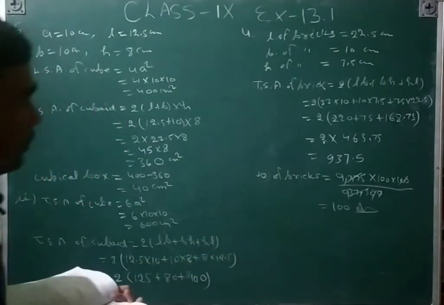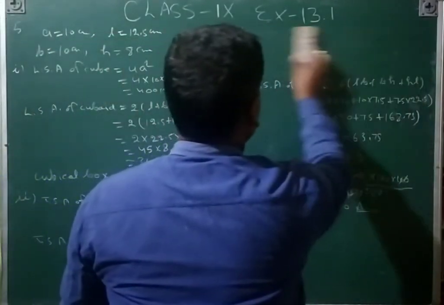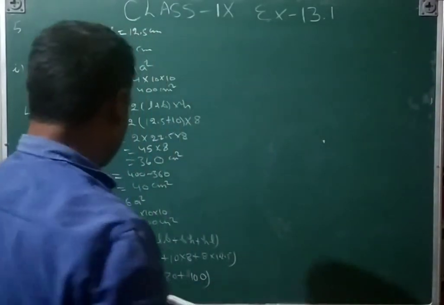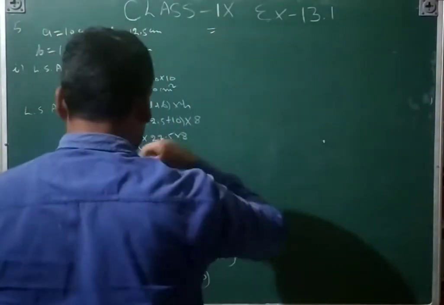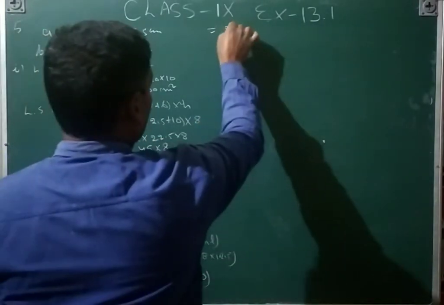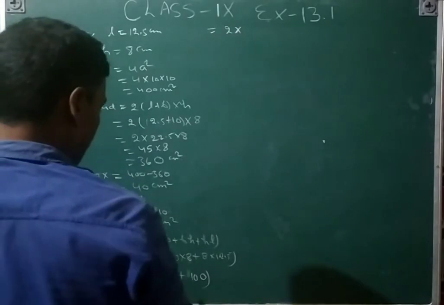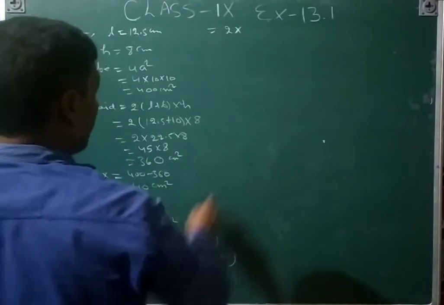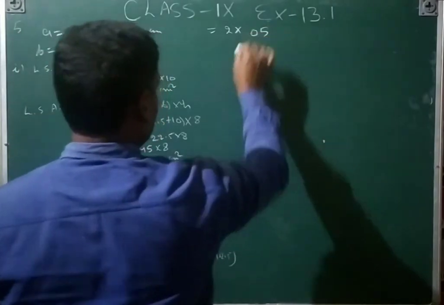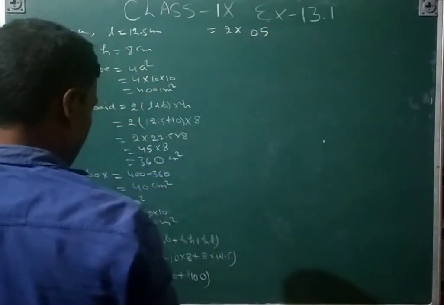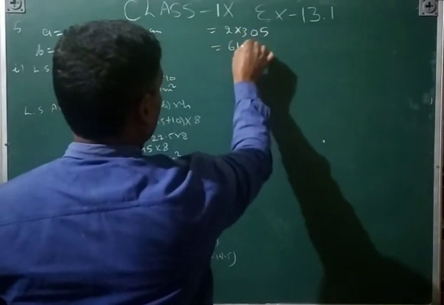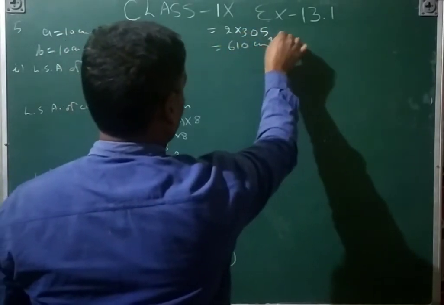Now you will see, add these two: 5, 8 plus 2 is 10, 0, and then 1, 2, 3, that is 610 centimeter square.